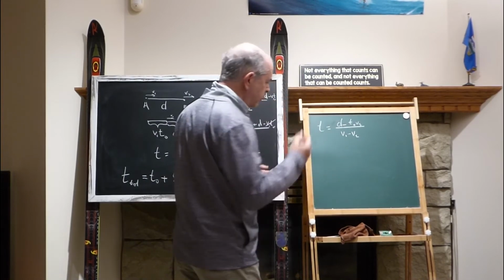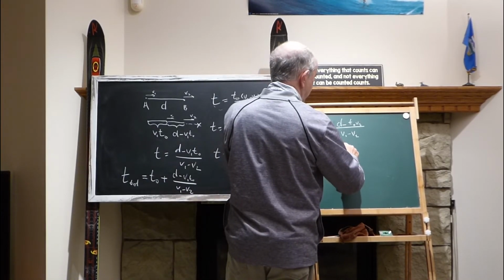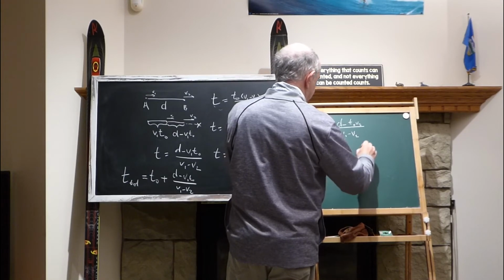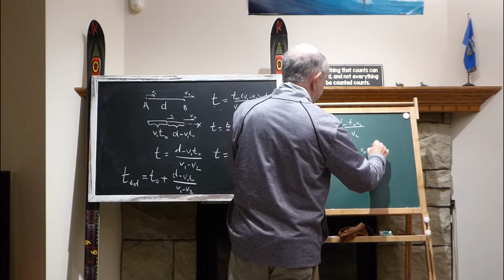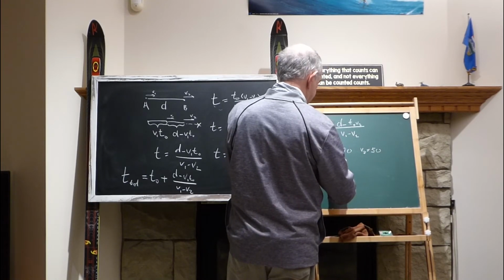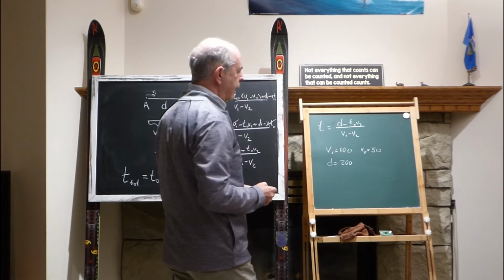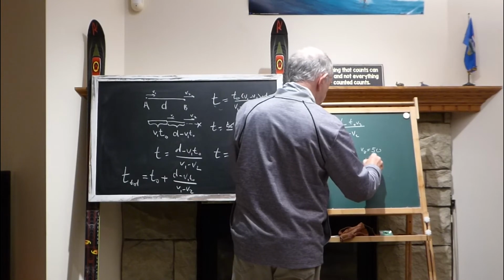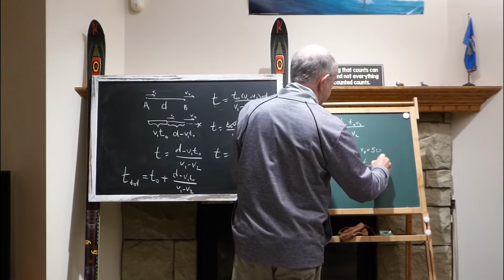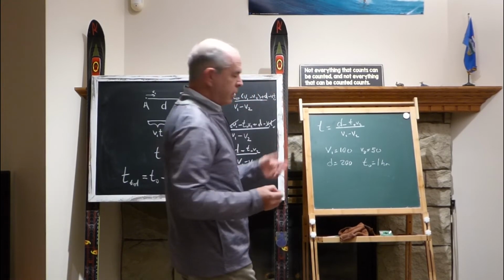And if we put in the numbers, we have v1 equal 100, v2 equal 50, distance equal 200, and t0 equals 1 hour. So it's very easy to put in.